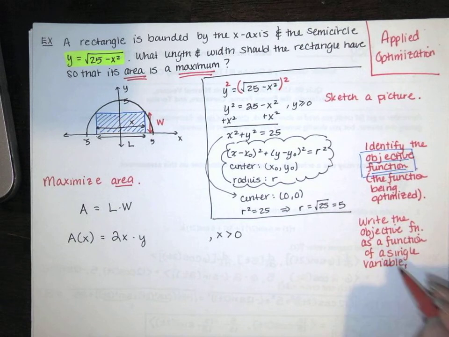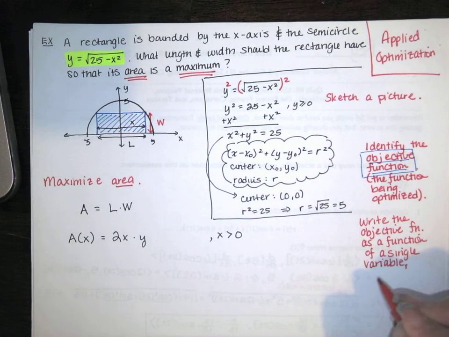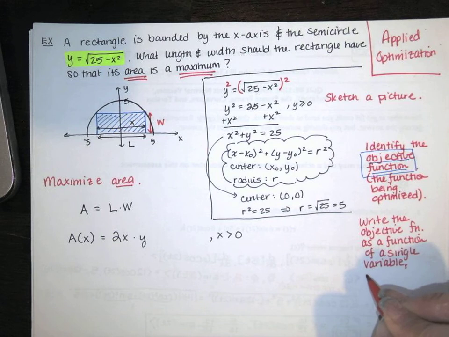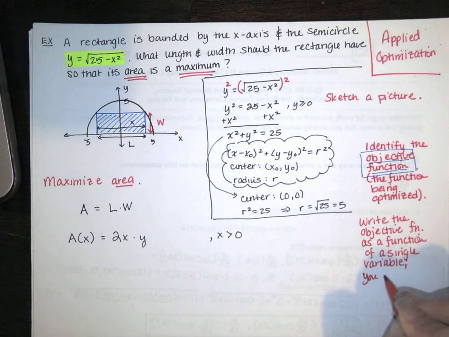So I wrote over here, write the objective function as a function of a single variable. And I'll say you may need to use constraint equations.